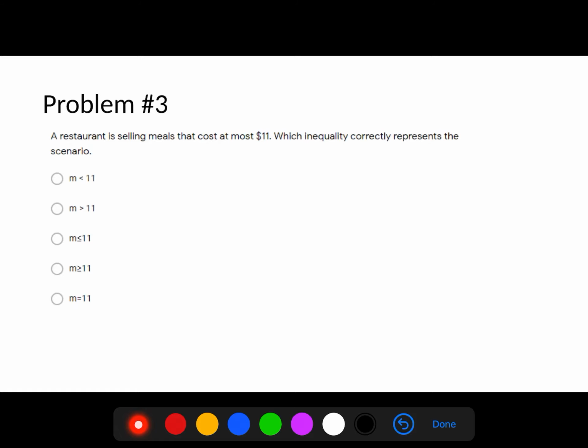Problem 3. A restaurant is selling meals that cost at most $11. Which inequality correctly represents the scenario? At most. So that means that it cannot be more than 11. So at most 11, but it can include 11. So M, the meal, has to be less than or equal to 11, because it could be 11, but it could also be less than 11 because it's at most 11.